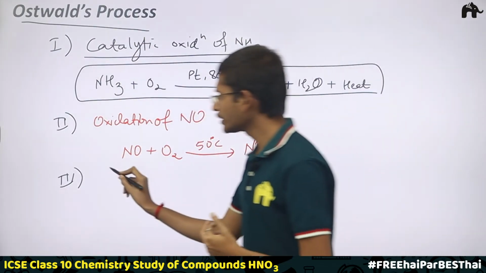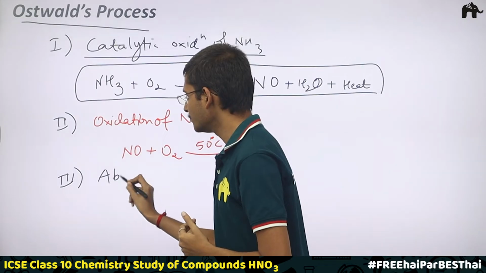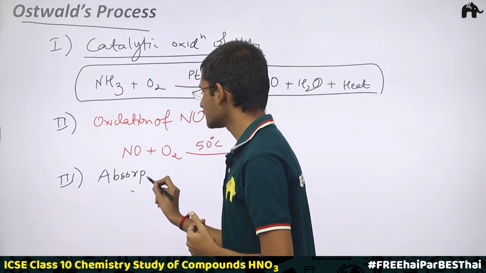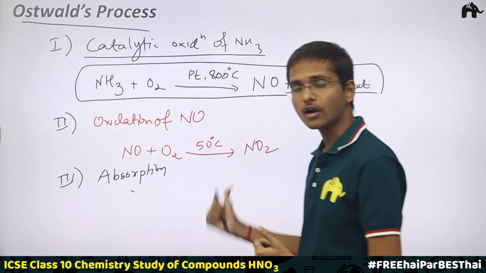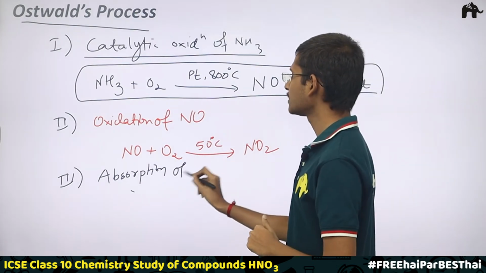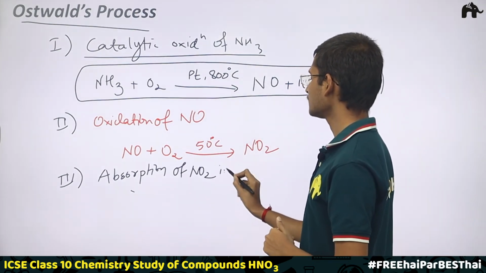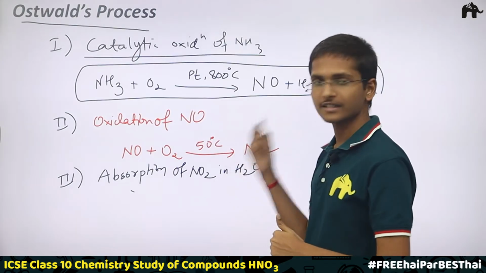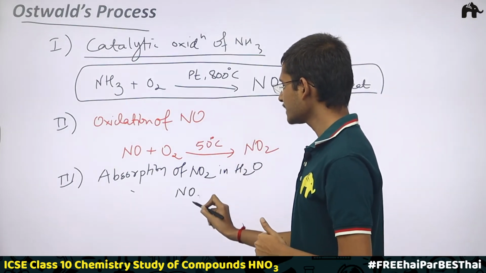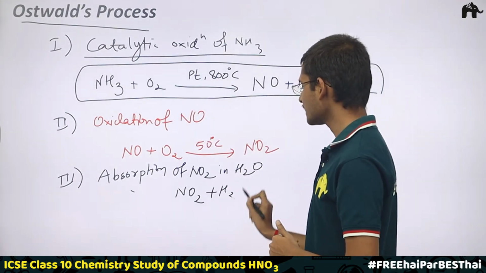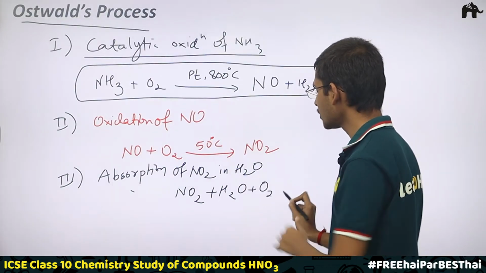And how we are going to do this: make this NO2 get dissolved in water. So absorption of NO2 in water to get nitric acid. This reaction we have already seen. NO2 plus H2O, and here we would also need oxygen as well.